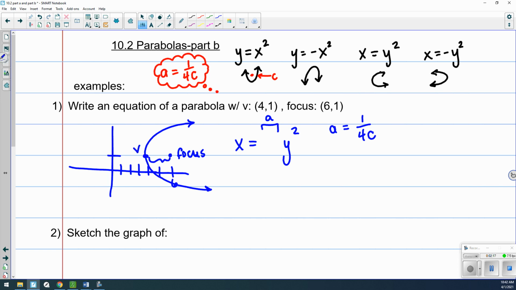Well, that distance is 2 units, and so that's my c value. c is equal to 2. a is going to be 1 over 8, 1 over 4 times 2. All right, ta-da, I did it. I wrote the equation of this parabola with a vertex at (4, 1) and a focus at (6, 1).